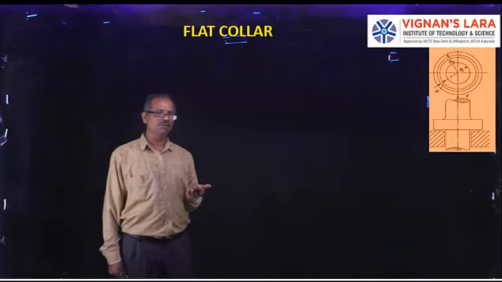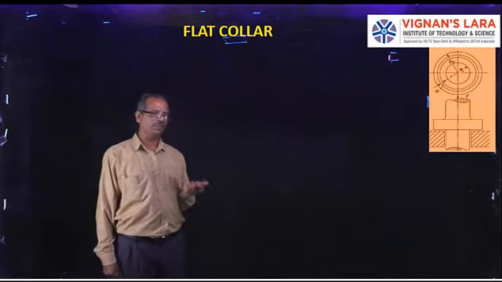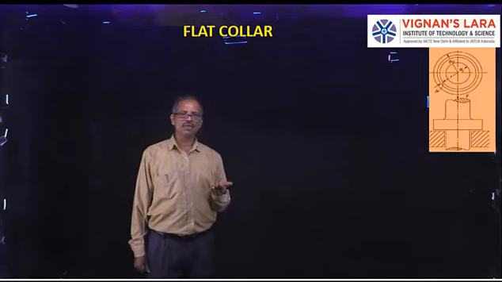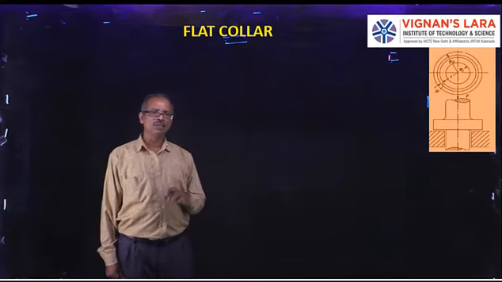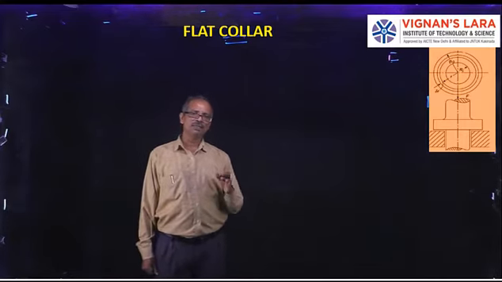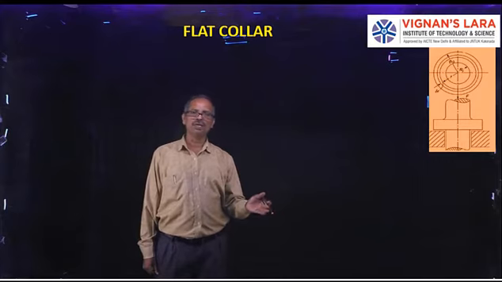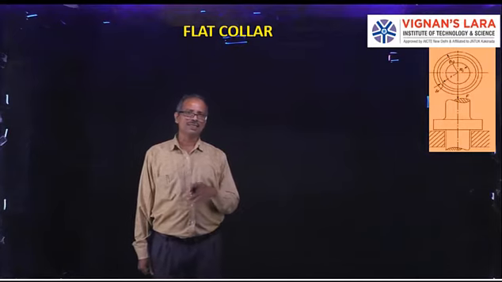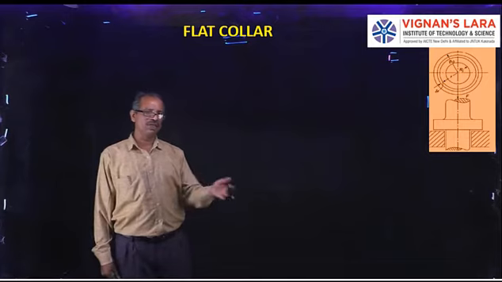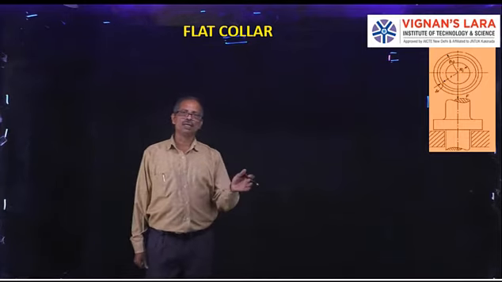The reason I use the words lost and transmitted is that in the case of clutches it is power transmitted, and in the case of bearings it is power lost. The same thing can be used for both. In one case it is more and in one case it is less requirement. That is what we would like to see once we complete the lecture.